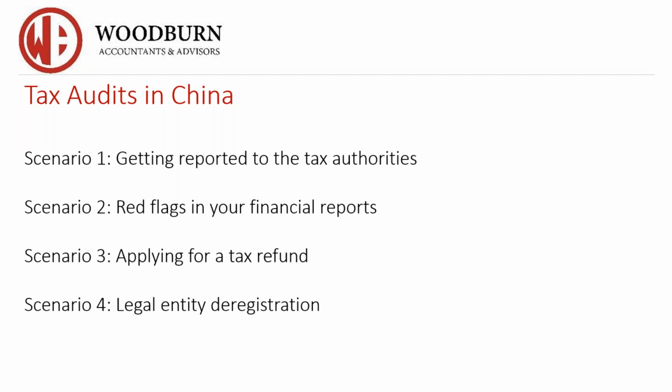Now, obviously, the best way to avoid these tax risks is to maintain a complete and accurate set of books, okay? And to do continuous health checks or internal audits to verify what is going on within your organization, okay? So let's look at scenario 1, which is getting reported to the tax authorities.